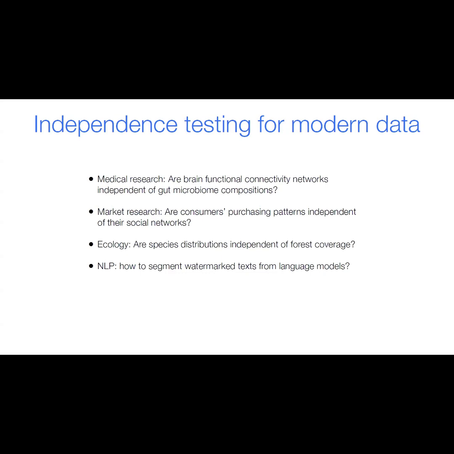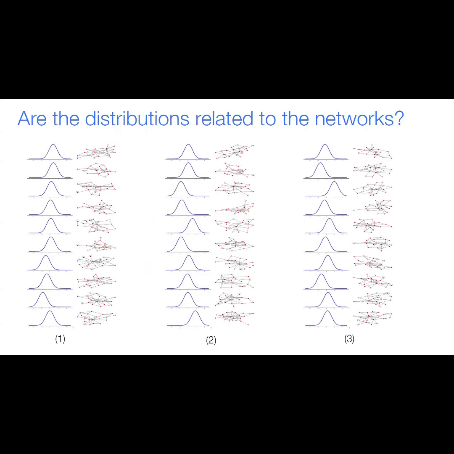And just to give you some flavor, I have three situations here where we have paired data where the first elements are random distributions and the second are networks.